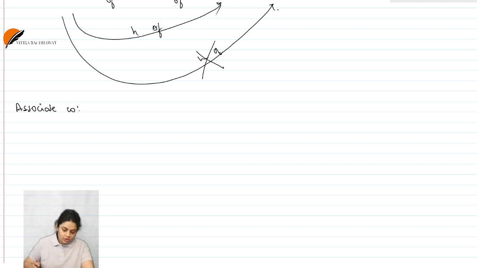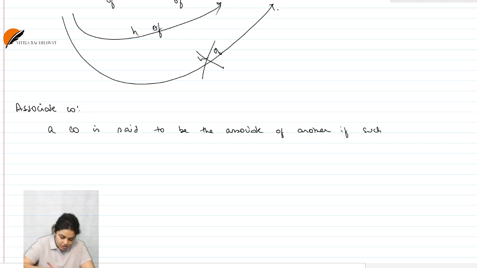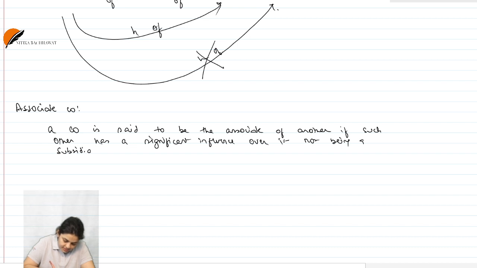So if I look at the definition of associate company, a company is said to be the associate of another if such other has a significant influence over it, not being a subsidiary, and includes a joint venture.